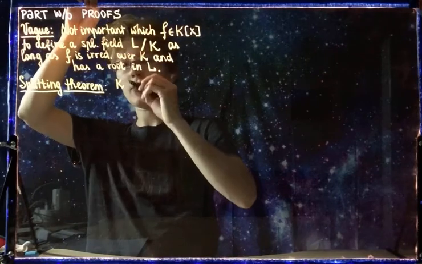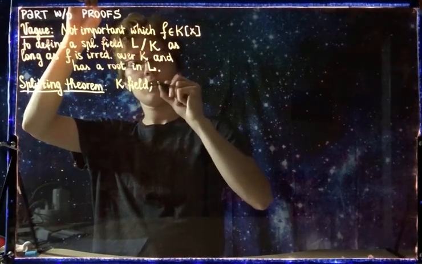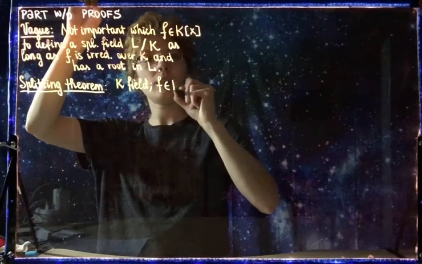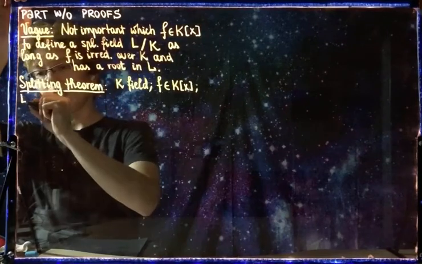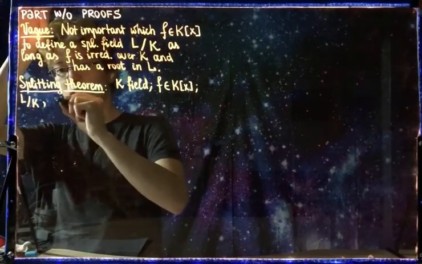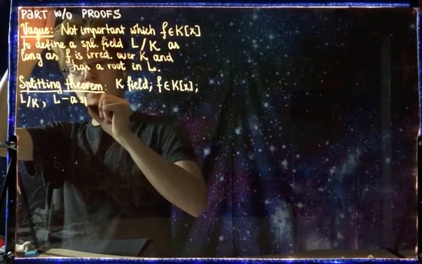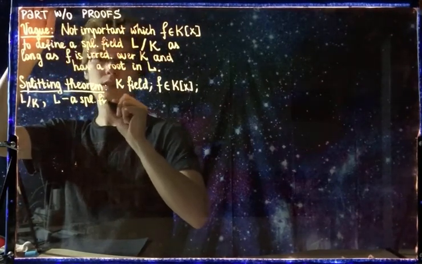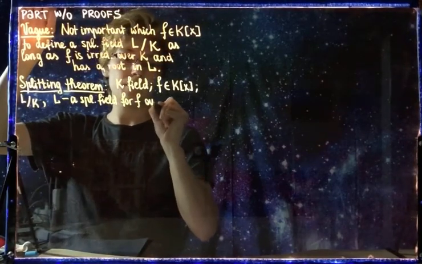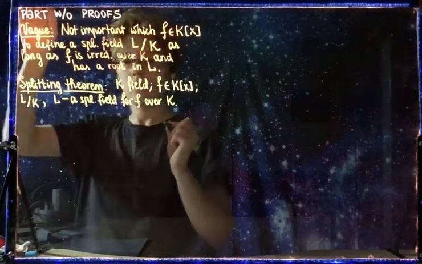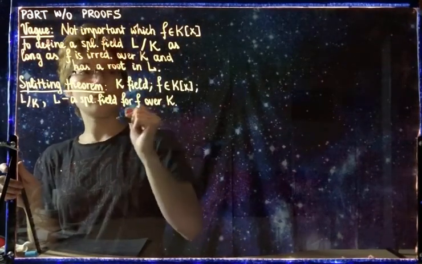So we have a field K. We have a polynomial f of positive degree, and we have L over K, which is a splitting field for f over K. And now take any irreducible polynomial.